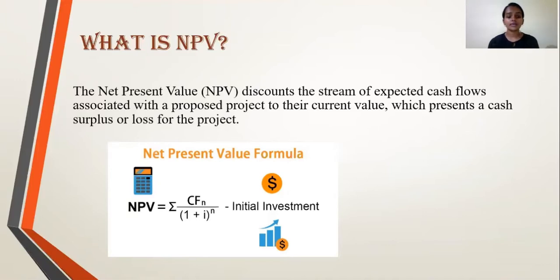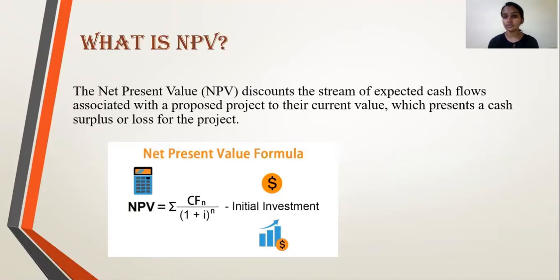Here you have the summation of cash flows, which are the discounted cash flows. The discounting factor and how the calculation goes on will be explained in the upcoming slides. The summation of all these discounted cash flows is subtracted from the initial investment. Then we will understand if we are going to make a profit or a loss.